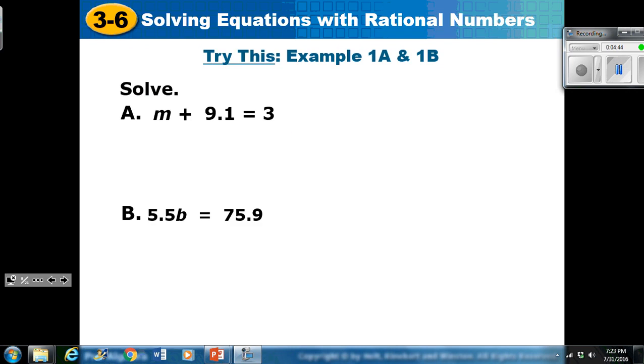Okay, here are a couple of problems for you to try on your own, so go ahead and pause the video and work those out.